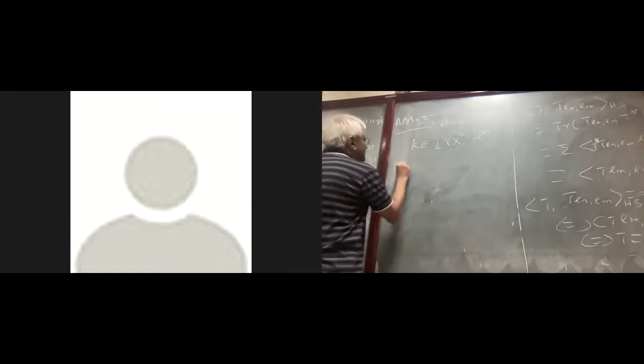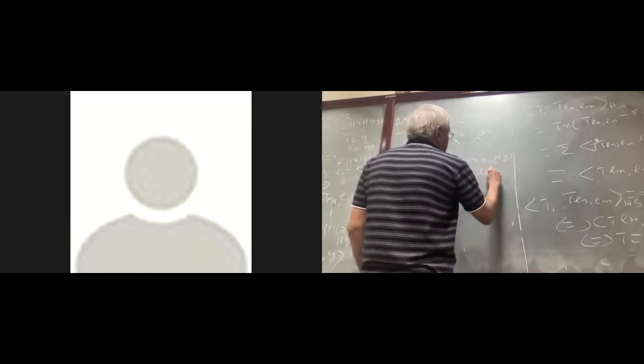You know this product measure, just the product measure on X cross X. You take a function k of two variables, then you define T_k acting on any f as the integral over X of k(x, y) f(y) d mu(y). You integrate in the second variable. So first verify that T_k is bounded, and just quickly give a proof.